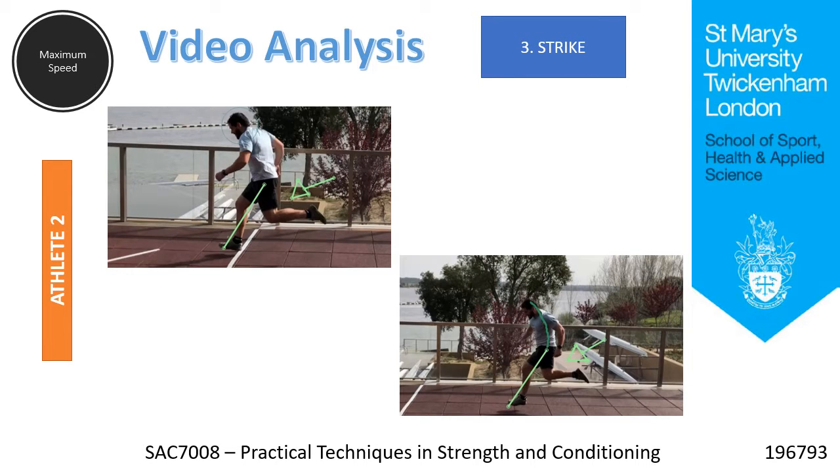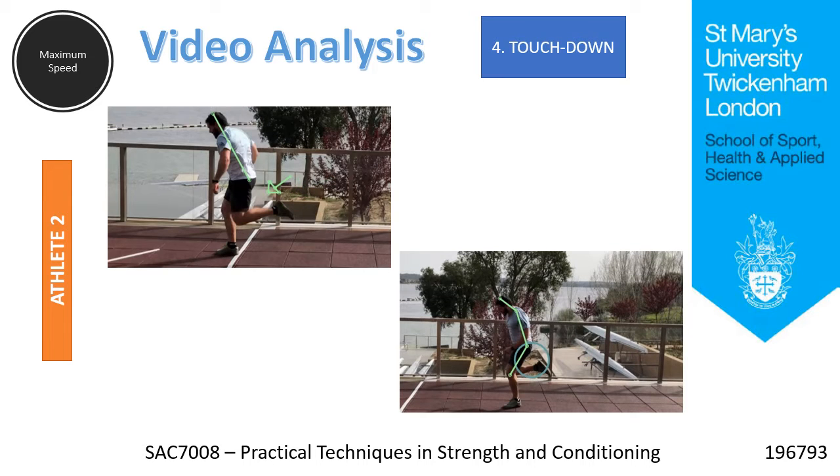The recovery leg is really far from the glutes, and the strike or the touchdown happens in front of the center of mass, creating some horizontal force that will reduce the vertical force applied for the continuation of the maximum speed.